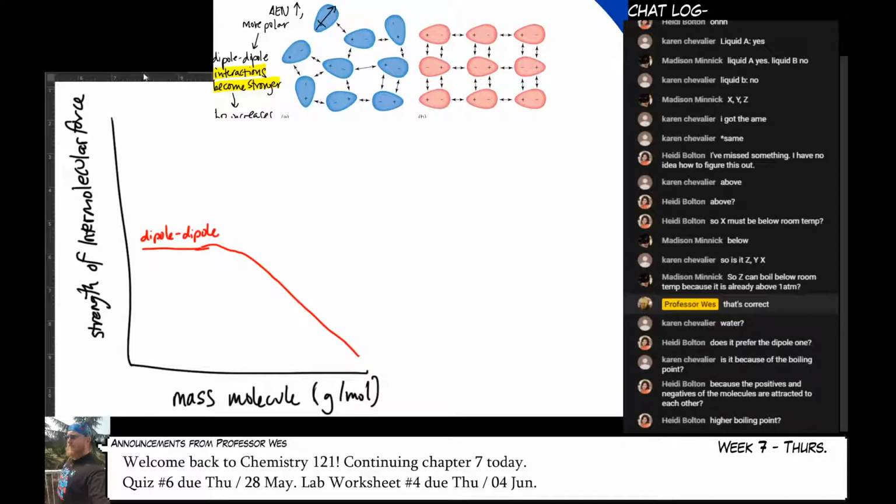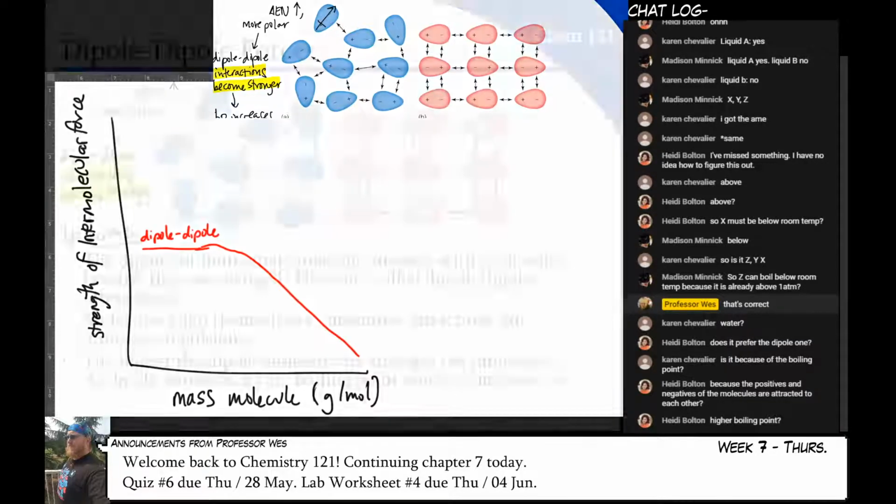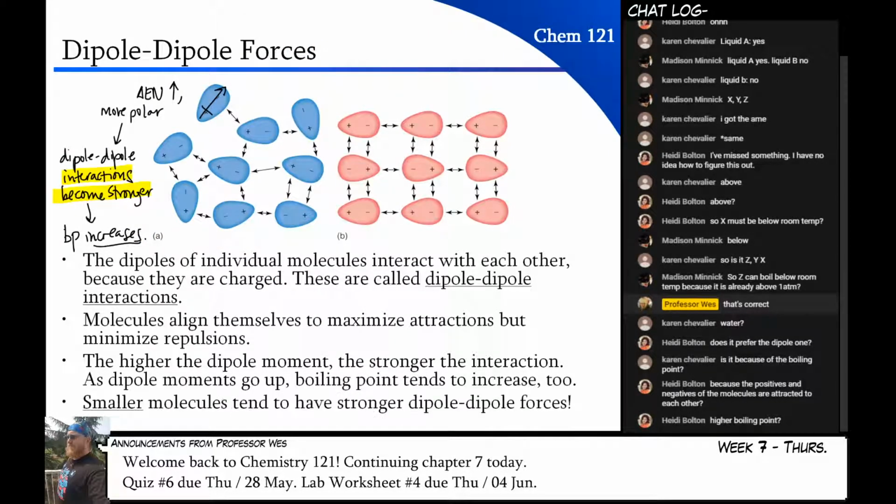We're going to come back to that and describe other intermolecular forces in a second. And again, down here at the bottom, smaller molecules have stronger dipole forces because the polarity of a molecule is linked to its mass. Molecules become less polar when they become heavier.